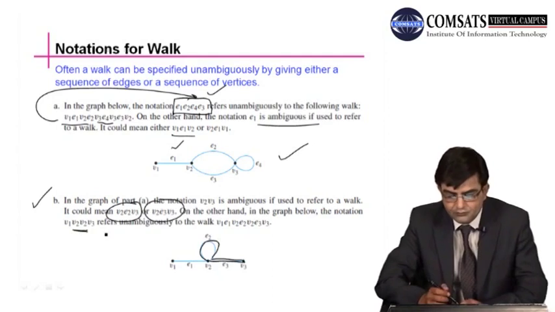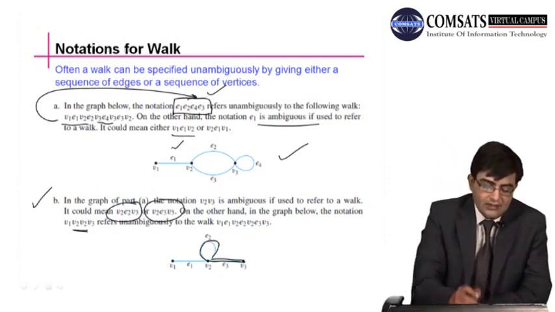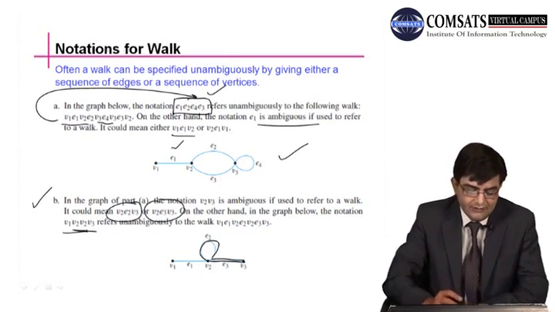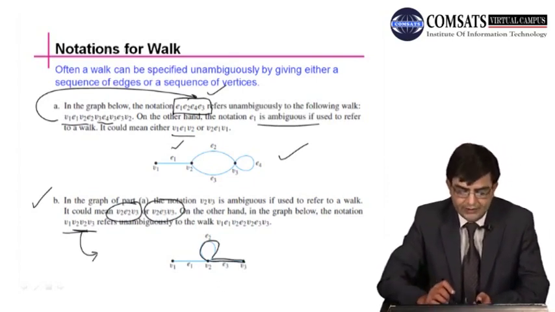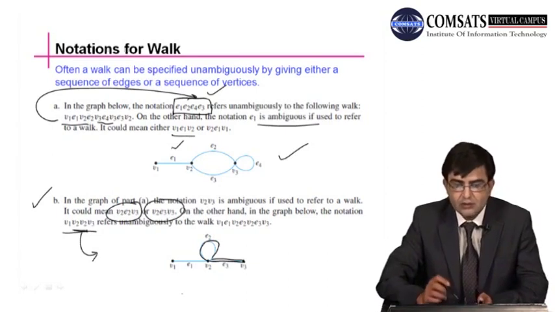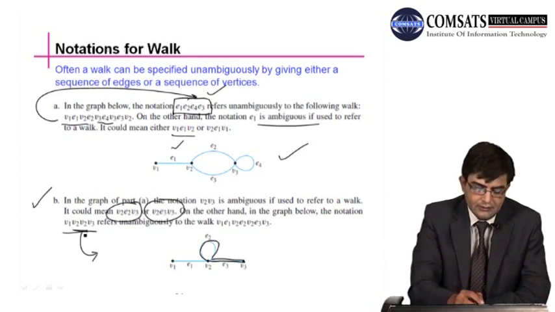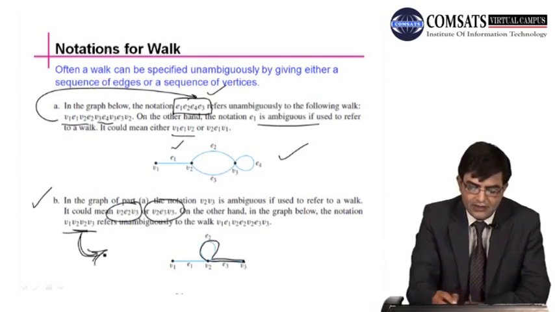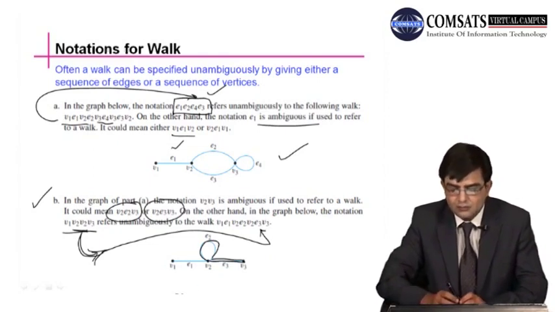There is no confusion in this notation, so we can write walks where there is no confusion by writing only the vertices like this, and a loop can be written by repeating the vertex 2 times in the walk. This represents the same walk as we write v1, e1, v2, e2, v2, e3, v3.